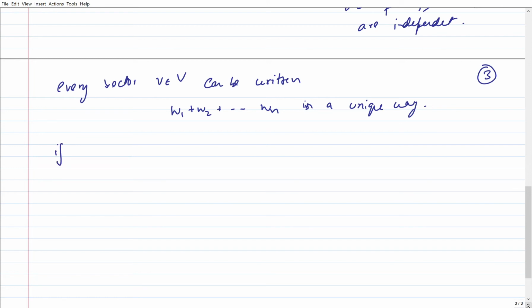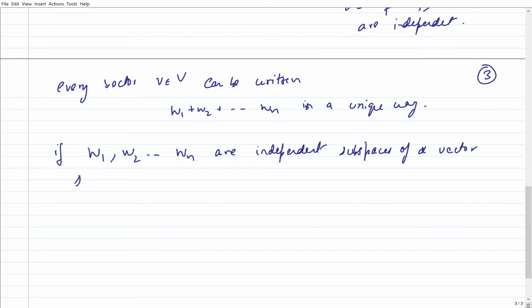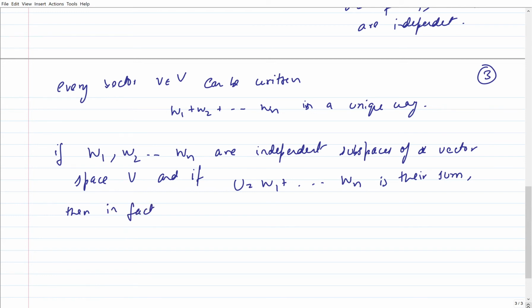So if W1, W2, ..., Wn are independent subspaces of a vector space V, and if U equals W1 plus ... Wn is their sum, then in fact U is a direct sum.